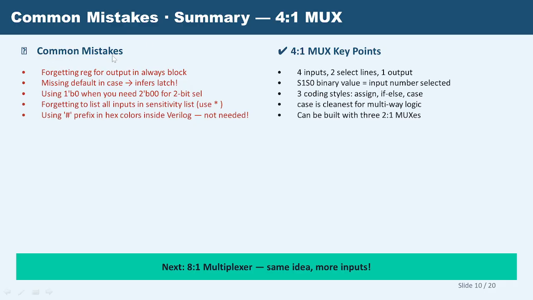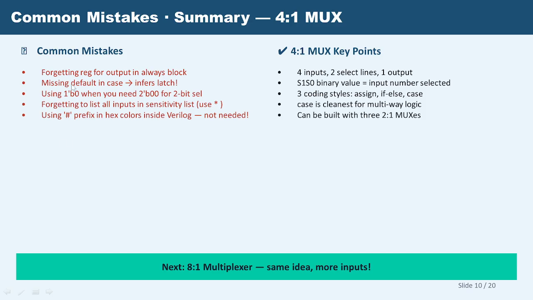Now some common mistakes: forgetting reg for the output in an always block. These will be the common mistakes you're going to make while writing code. Missing the default case creates a latch. I will explain latch in an upcoming class, so don't think about latch now. Just think that if you miss the default case, it creates a latch.